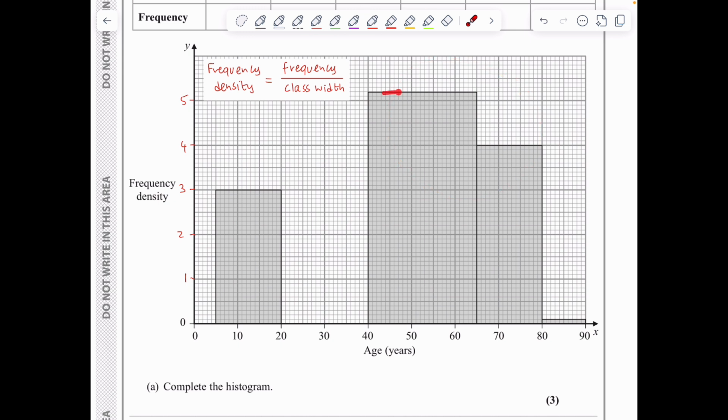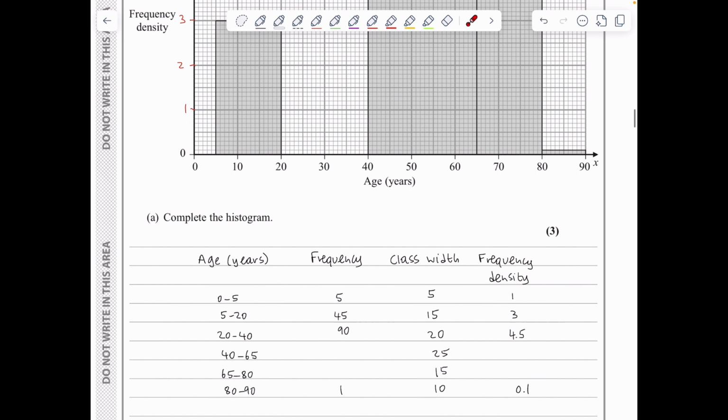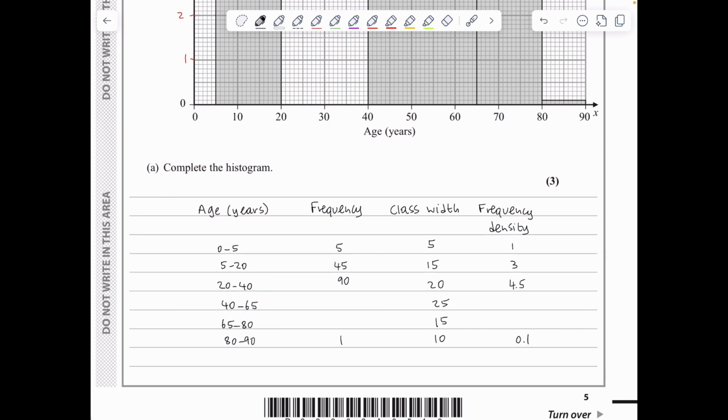It's 5.2 and 4. So let me fill in the table here. 5.2 and then 4, which means I can go back here and fill in the frequency by doing class width times the frequency density. So if I do 25 times 5.2, I get an answer of 130. And then if I do 15 times 4, I get an answer of 60.